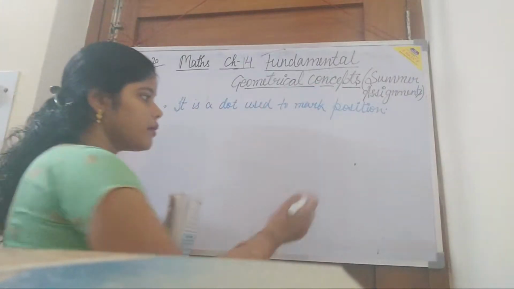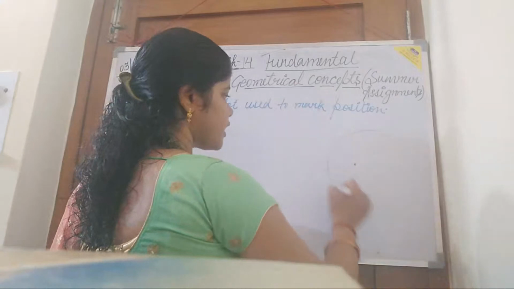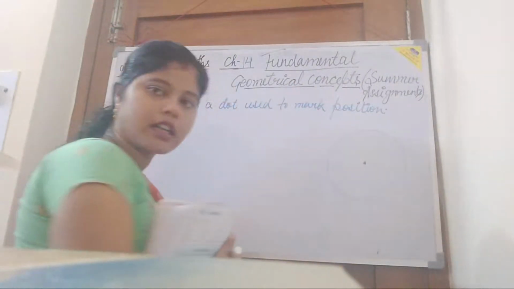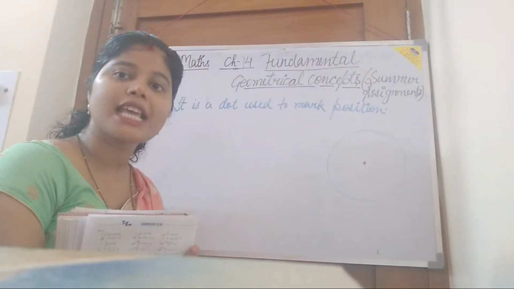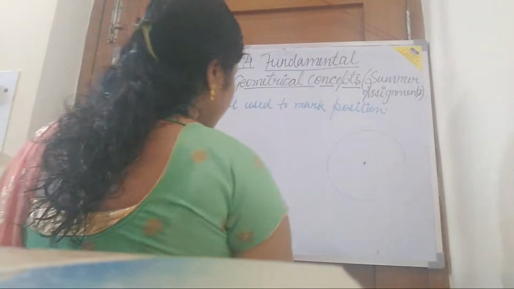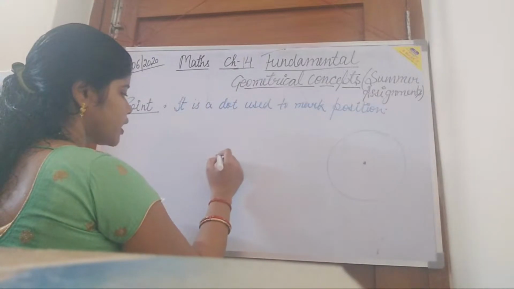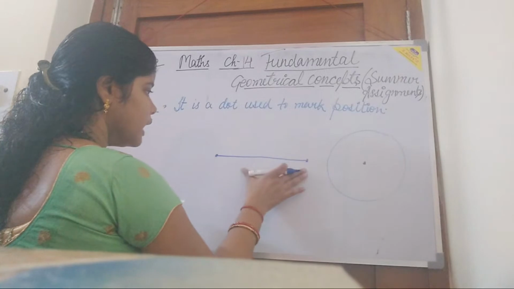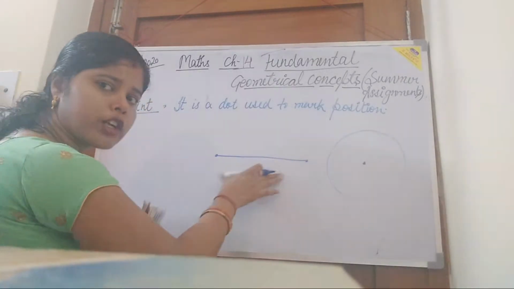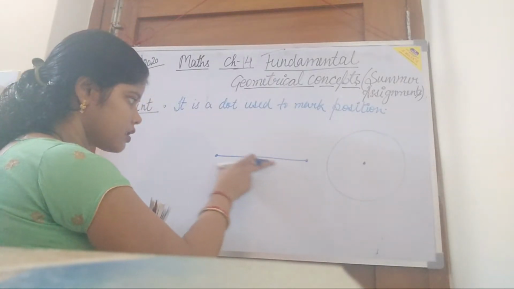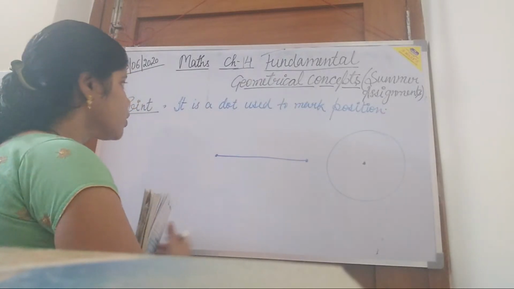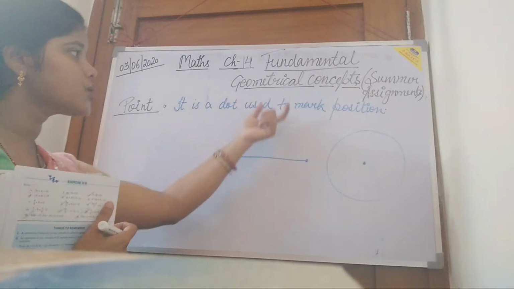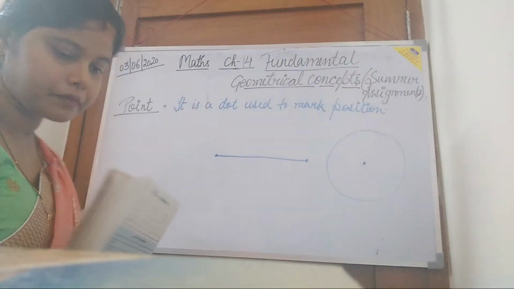We use the dot in a circle that indicates the position of its center. And if you mark a dot here, and draw another dot over there, which will mark the end point of a line, it will form the line segment. So what is a point? It is a dot used to mark position.